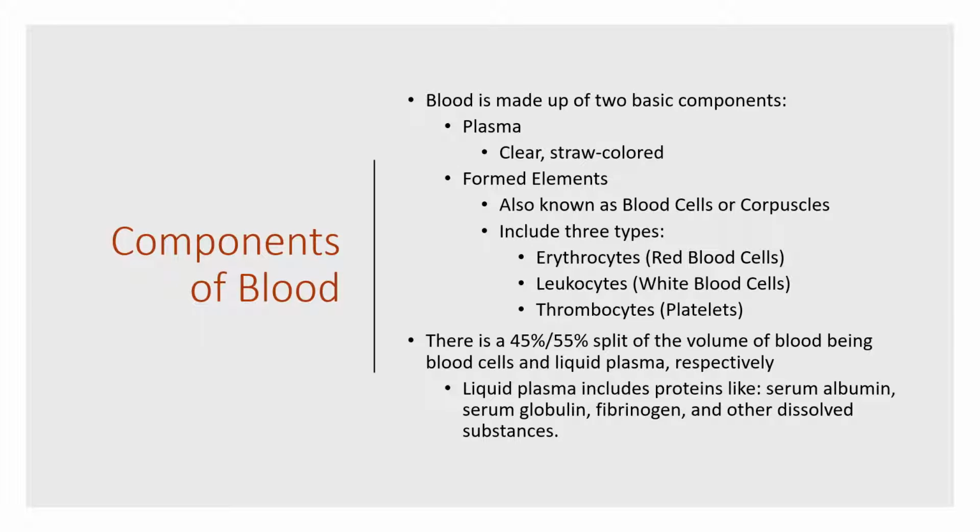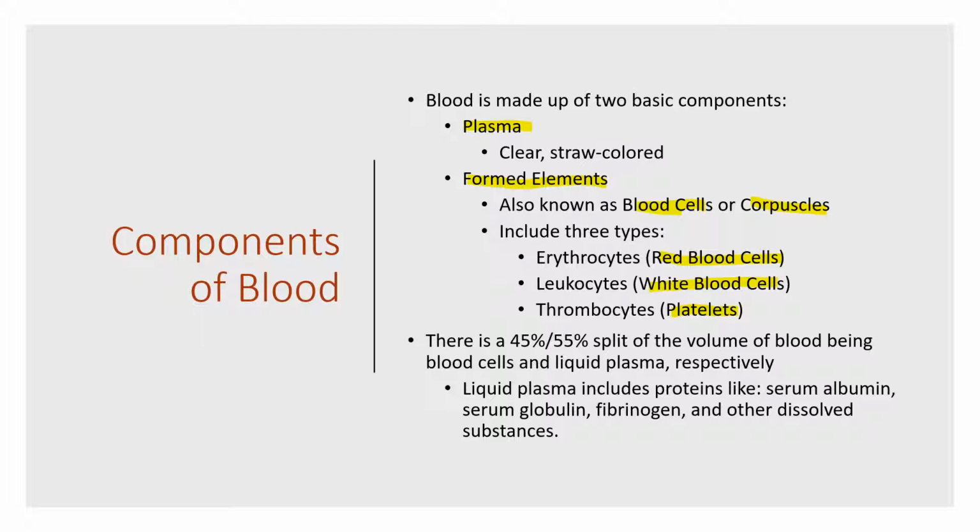Now, looking at the components of blood, blood is made up of two basic components, plasma and formed elements. Plasma we find out is clear and straw colored, but the formed elements, which we also know as blood cells or corpuscles, include three main types: the erythrocytes, which we know as the red blood cells, the leukocytes, which we know as the white blood cells, and the thrombocytes, which we know to be platelets.